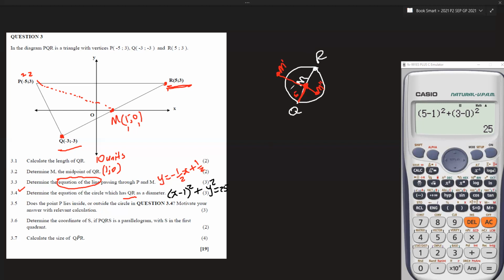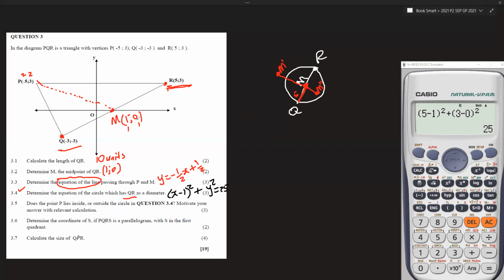So the idea is this: if this point lies outside the circle, the distance between the center and that point will be bigger than the radius. But if it lies inside the circle, its distance from the center to the point will be smaller than the radius.